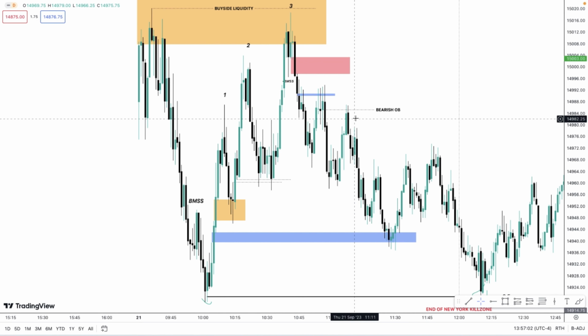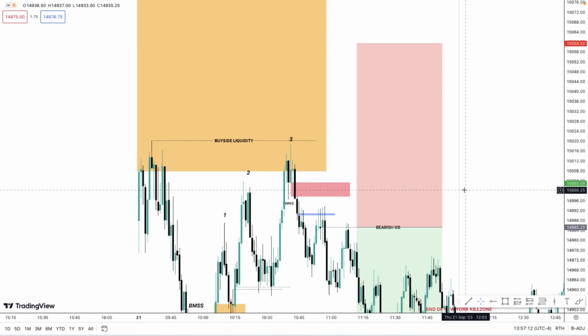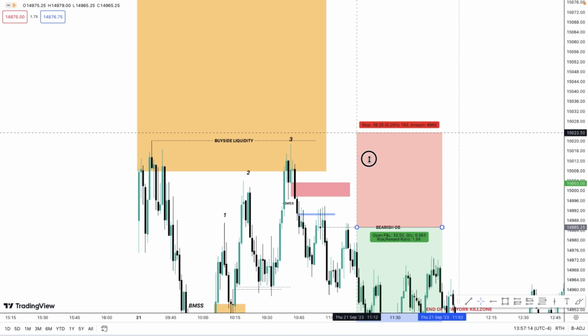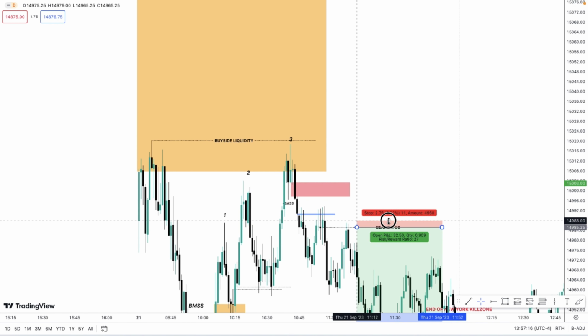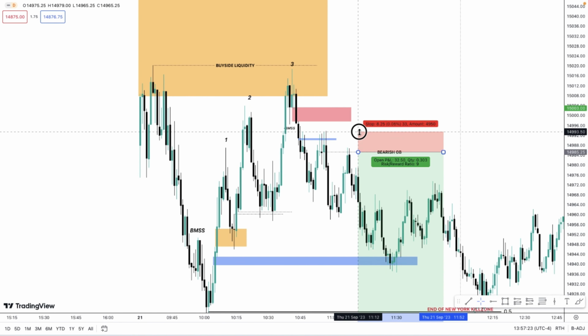So that's a bearish order block. You could sell that. You could sell that and put your stop loss above the mean threshold. Or just put the stop loss above the order block basically.